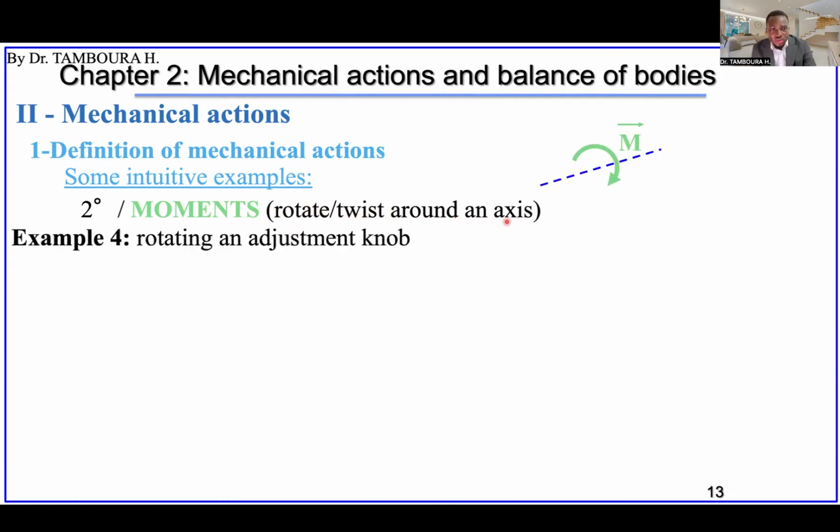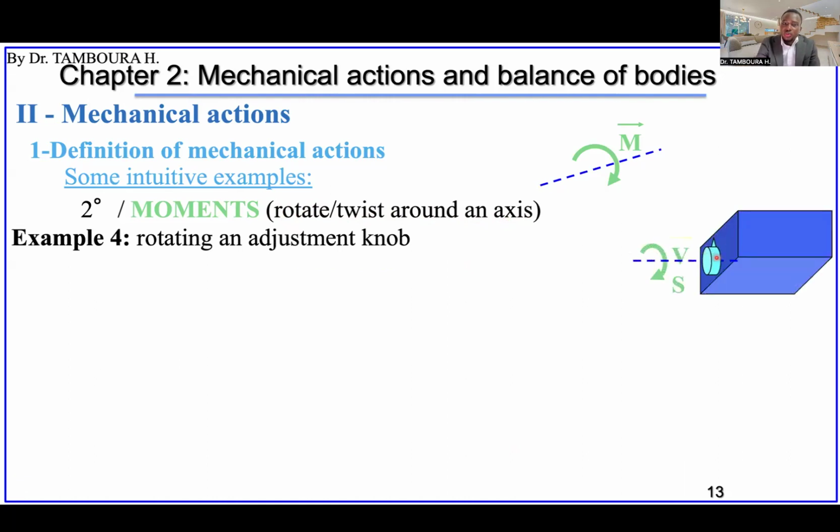Example number 4. Here, when you want to adjust, for example, the volume of a radio or something, an adjustment button, you rotate like this, okay? Which means in this axis there is no force at all.